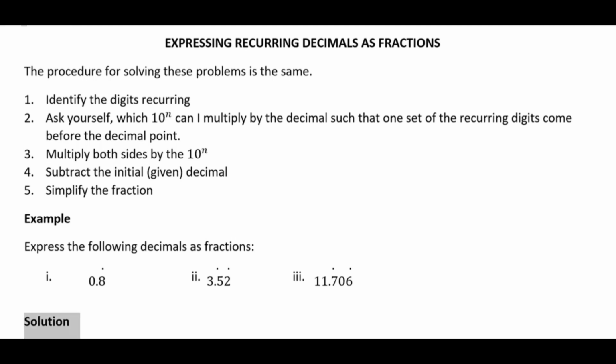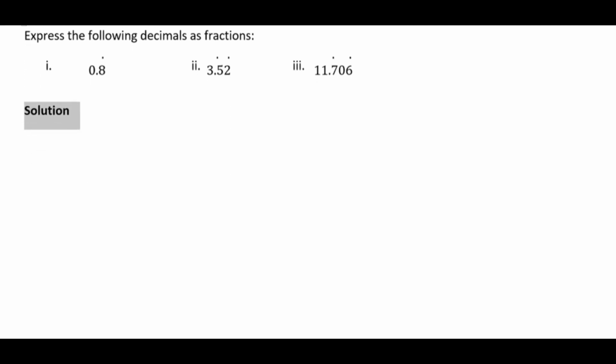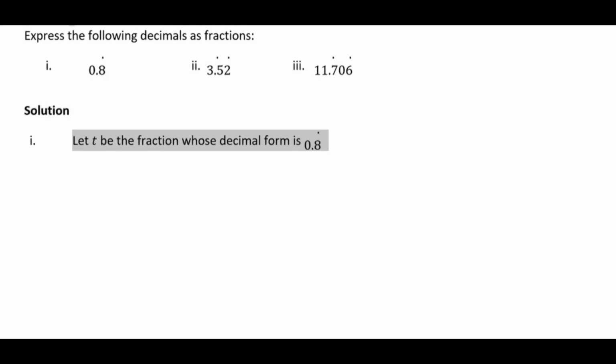So, solution. The first one, we say let any letter of your choice be the fraction whose decimal form is this number that we have here, 0.8 recurring. So that means our t is 0.8888 and it goes on like that, it never ends.